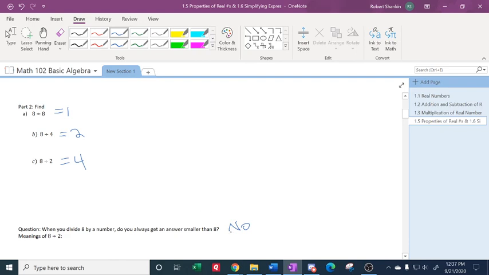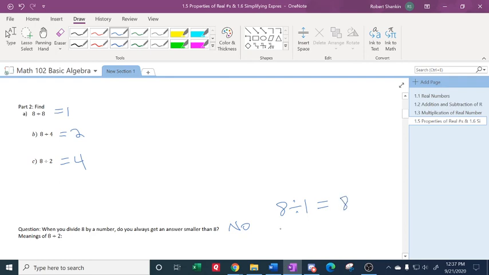The reason why the answer is no is, what if you divided 8 by 1? You would not get something smaller than 8. It stays the same size.